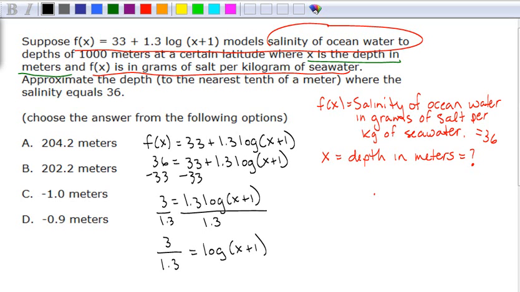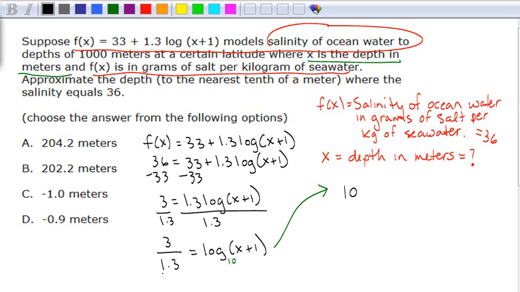And when there is no written base, this right here is a base 10. Base 10 is what it means when there's no written base. So that means I can rewrite this as base 10 to the exponent.